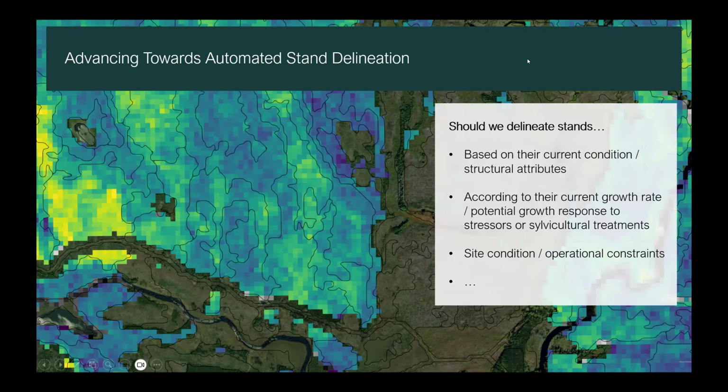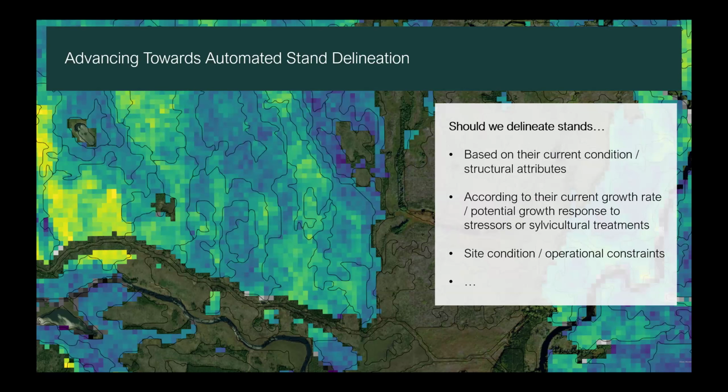to delineate stands. Should we delineate stands based on their current conditions, so the structural attributes as they are at the time of the LiDAR acquisition? Or would it be interesting to delineate our polygons based on their current growth rate, or even what could be linked to their potential growth response to stressors, or to silvicultural treatments?